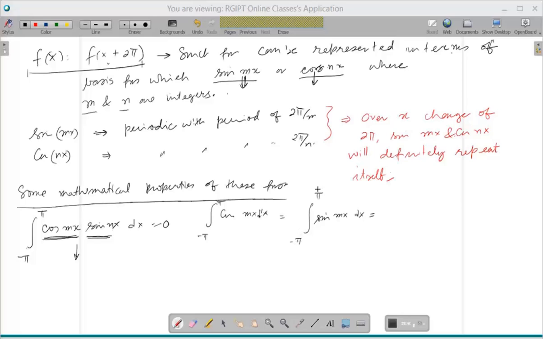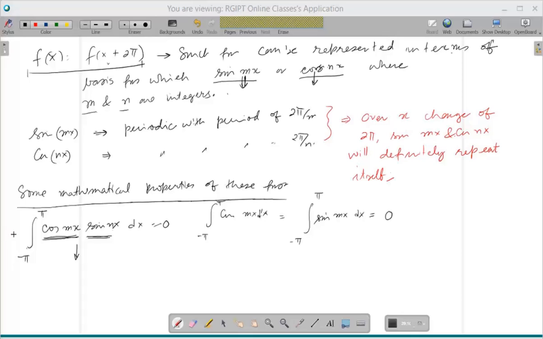Since the entire period is 2 pi, and in 2 pi it oscillates m times, that means m complete oscillations, and for one complete oscillation it is as much positive as negative, so the integral will be 0. That is a very simple justification. I don't have to do the integral explicitly.